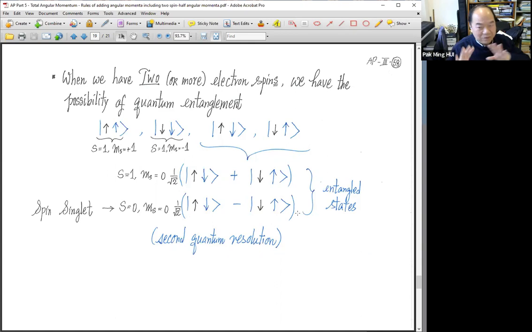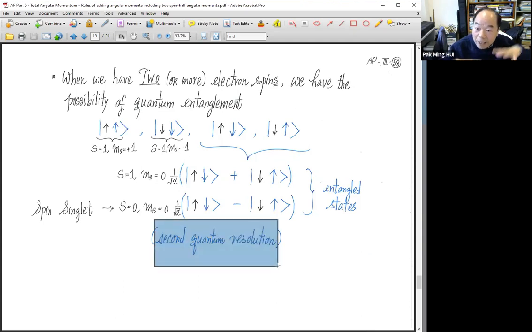Things like that go into philosophical questions, but it is at the heart of something called the second quantum revolution that's happening now. The first quantum revolution has to do with the Schrödinger equation and its consequences. We have quantized the states, we understand magnetism, we understand semiconductor physics, and you have a lot of nice things now.